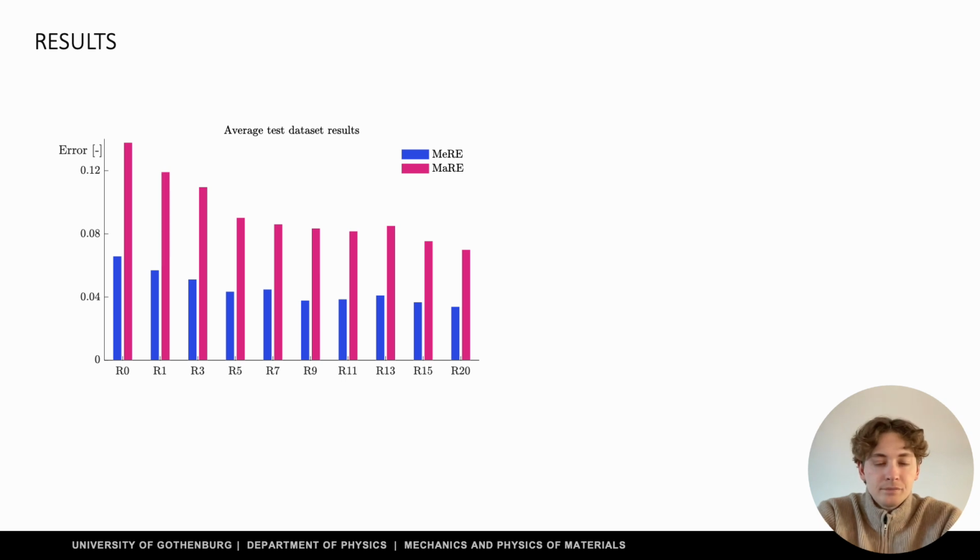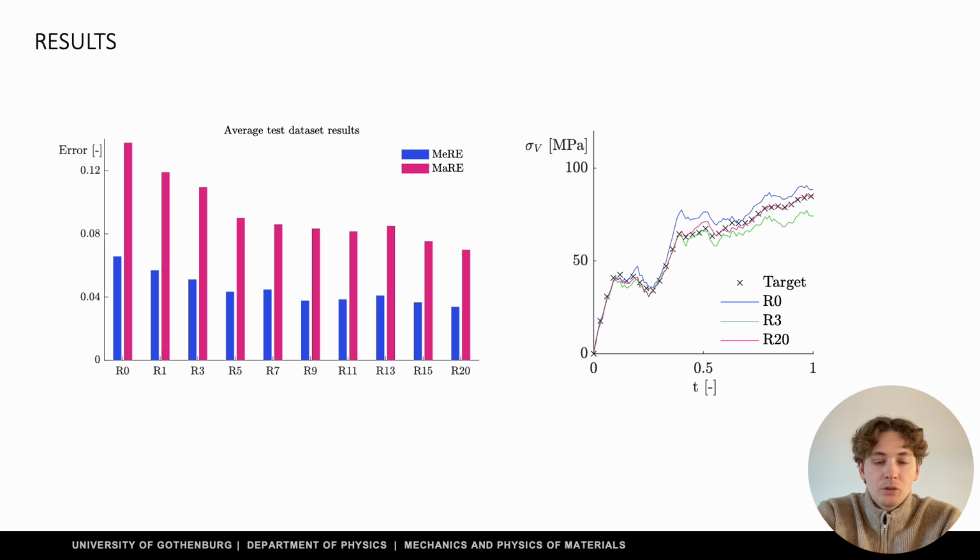On the left-hand side you see a bar chart of this, tested on the test dataset, and on the right you can see an example plot of the stress predictions comparing the accuracy of R0, R3, and R20, while the target is the simulation target.